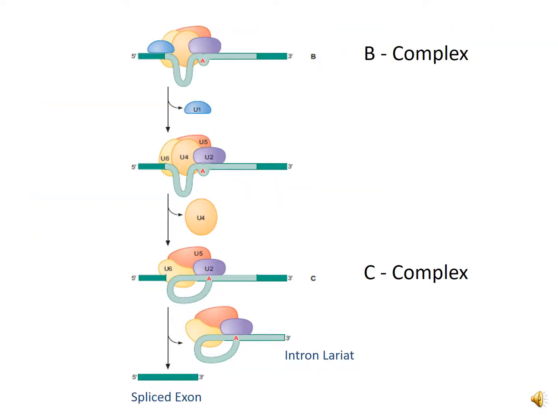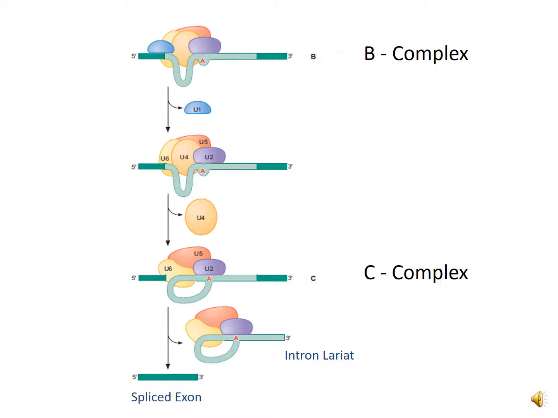Complex B then undergoes rearrangement in such a way that the U1 and U4 snRNPs are removed from the assembly, and the alignment of the snRNPs is such that U6 and U2 snRNPs align in proximity.